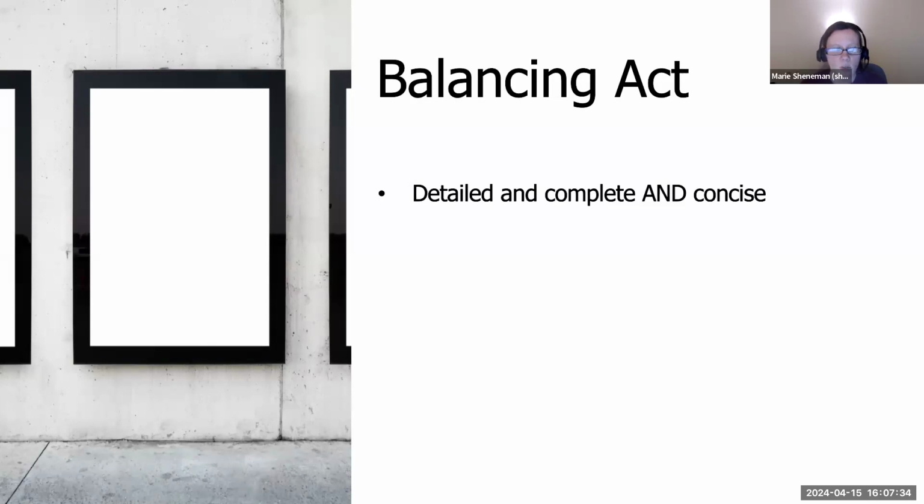It is a poster. It is supposed to be visually engaging. So we'll talk a lot about how you want to keep text minimal. It is really a magic trick, a balancing act between detailed but concise. You want enough information on there that they get the main points, but not too much where they just glaze over and don't read anything.